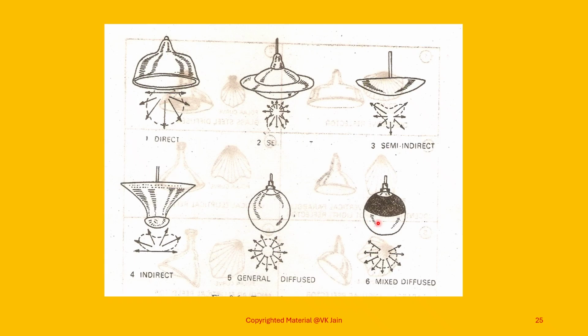And this is mixed diffuse type of suspended fitting in which some portion is darkened so that the light is reflected in all direction but not above. So these six types of suspended fitting are shown here.